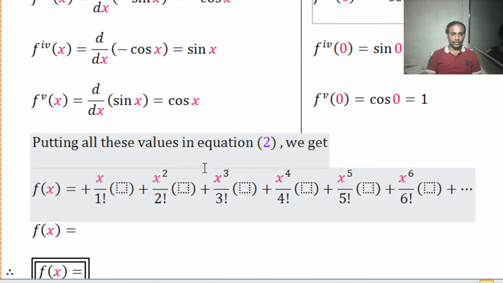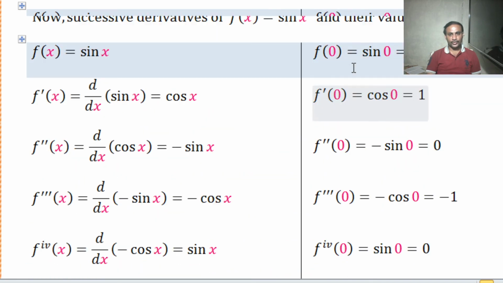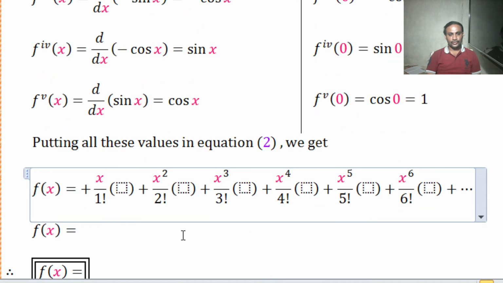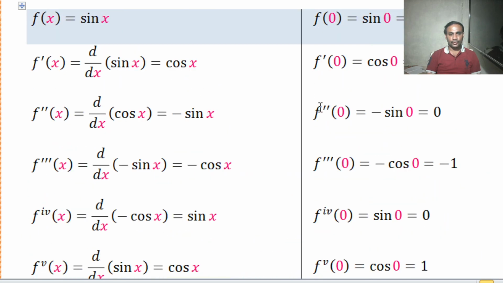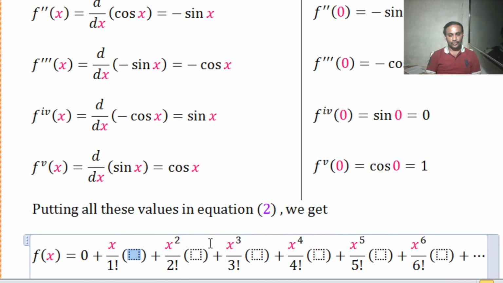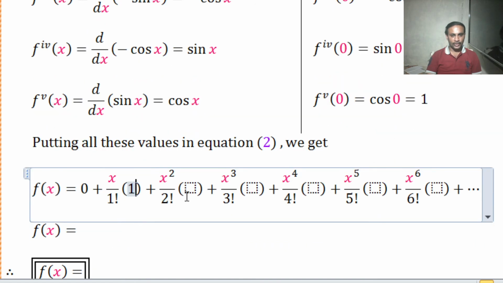Now if we put all these values in equation number 2, the first value f of 0 is 0, so we take 0 into x upon 1 factorial into f dash of 0, but here f dash of 0 is 1, so we take 1.